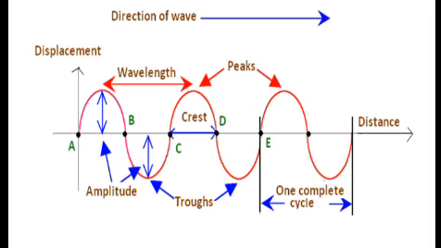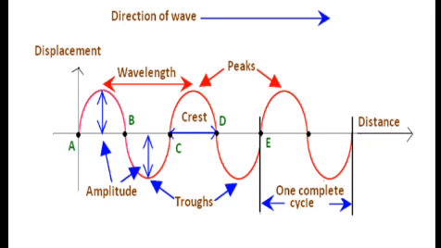Now the distance between two successive points of the same nature, such as from crest to crest or from trough to trough, is called a wavelength. So a wavelength is simply the distance between two similar points in a wave.